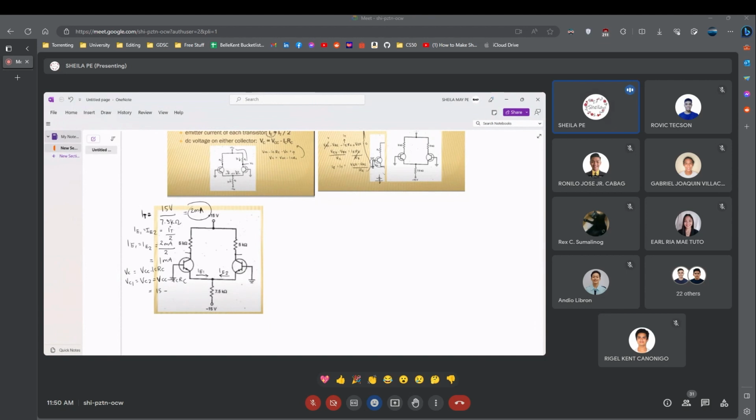For IC, remember, IE is equal to IC, because IB is very, very small, so we can neglect it. So IC is equal to IE, which is 1 milliampere times our RC at 5K. 1 milliampere times 5K is 5, and 15 minus 5 is 10. So VC1, which equals VC2, is 10 volts.